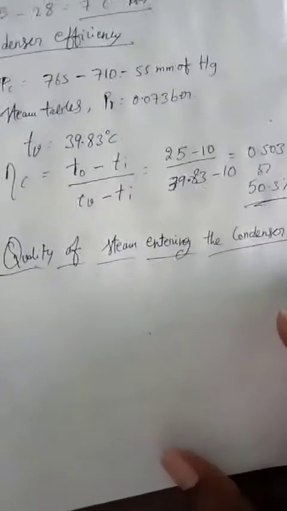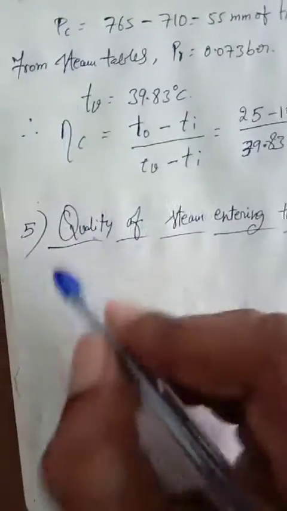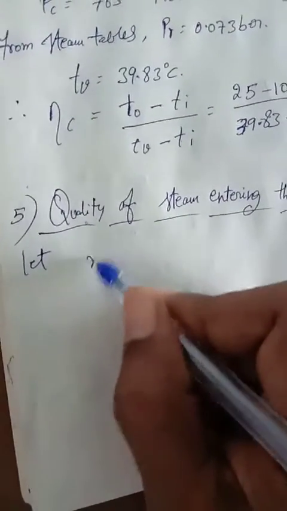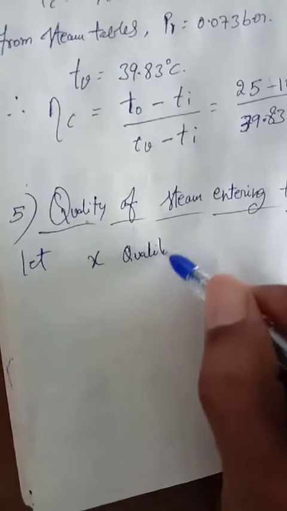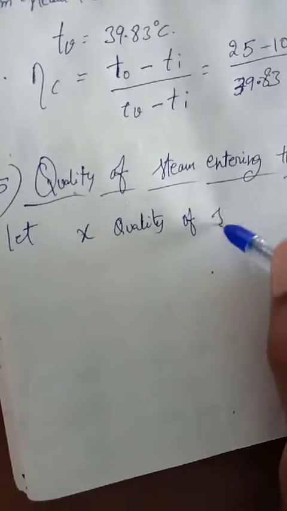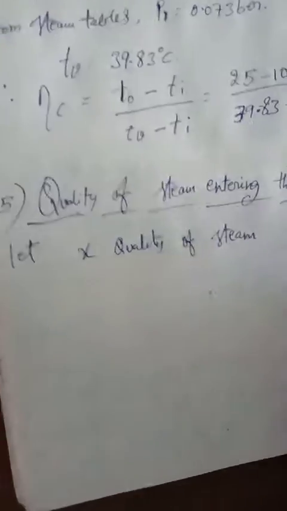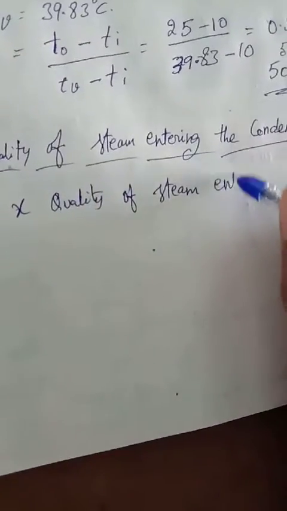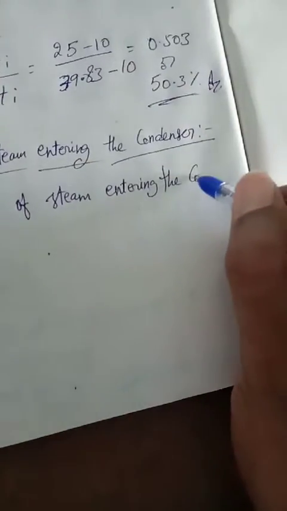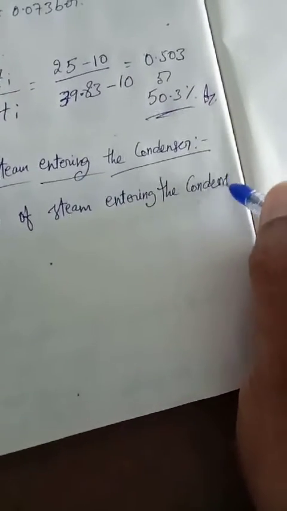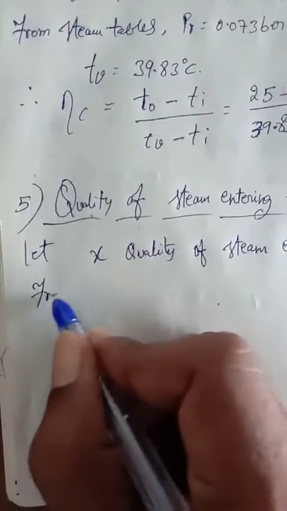So we are going to find how much quantity enters into the condenser. Let X be the quality of steam entering the condenser.